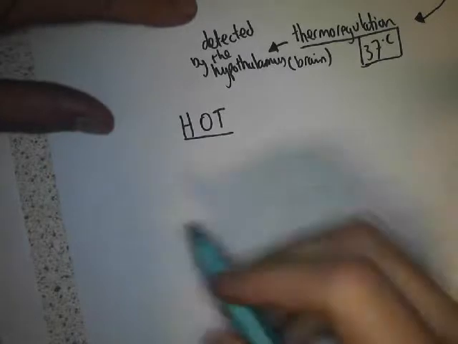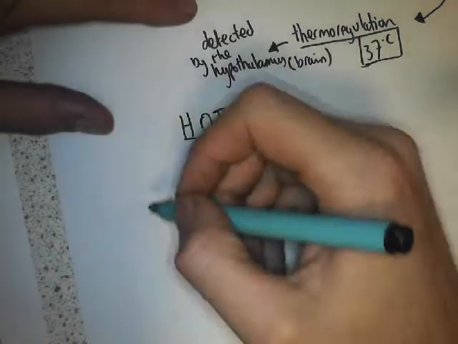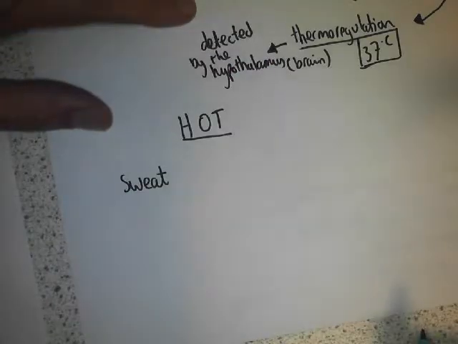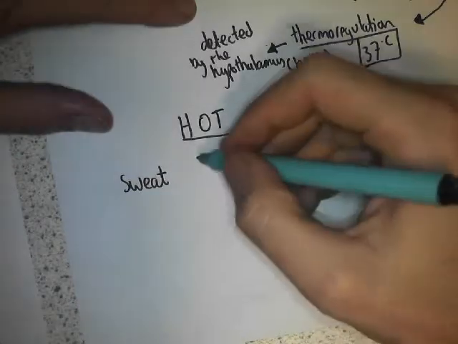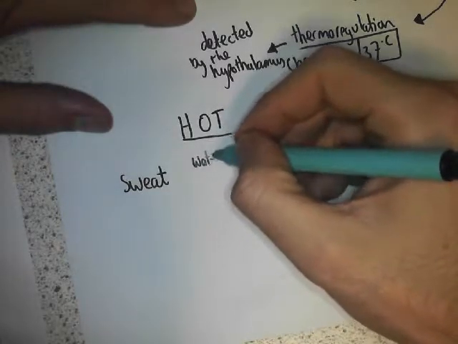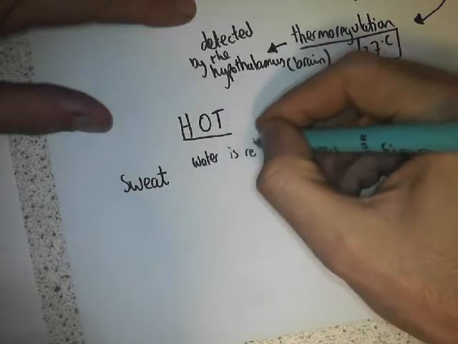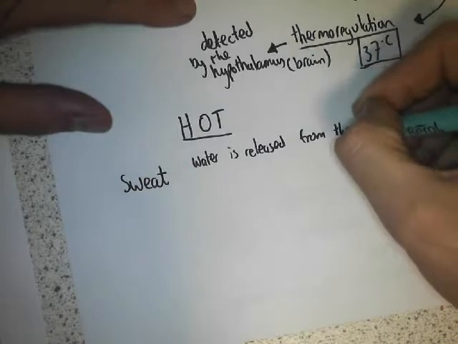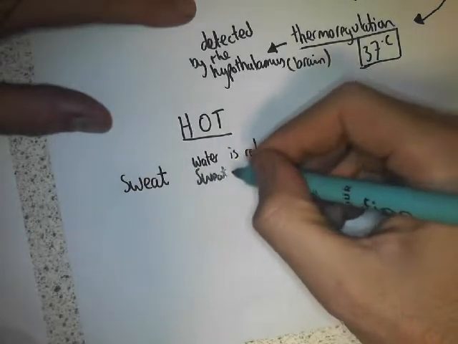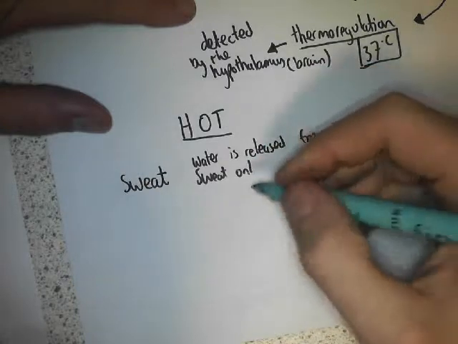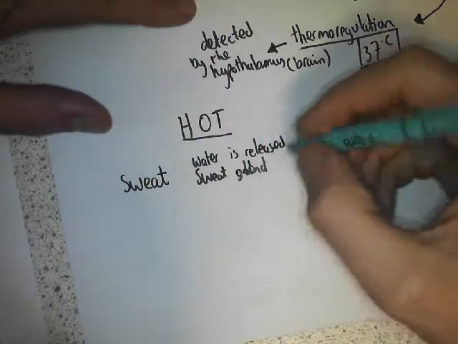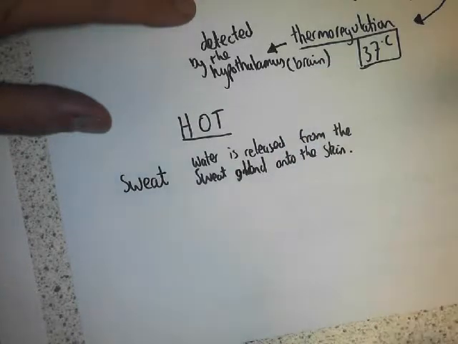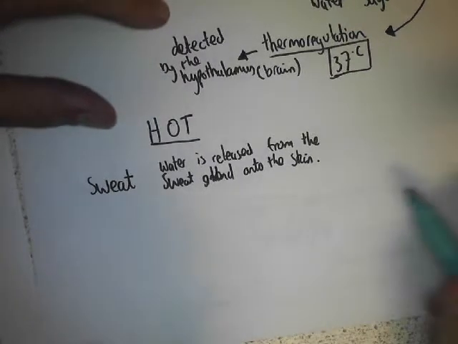and let's make a table. When it's hot, we will sweat. Well, how does that help us? Water is released from the sweat gland onto the surface of the skin.